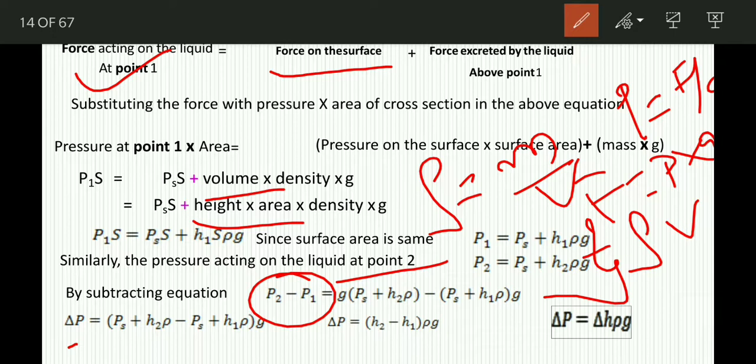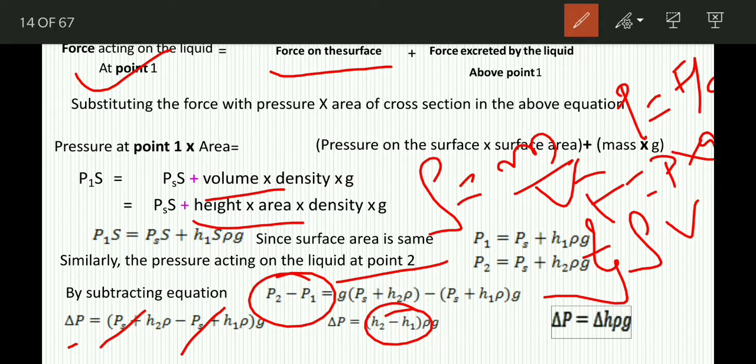Here we can see that PS minus PS gets cancelled out, so we can cancel it. The equation becomes del P equals (H2 minus H1) rho g. Here H2 minus H1 we can write as del H. So the equation is del P equals del H rho g.